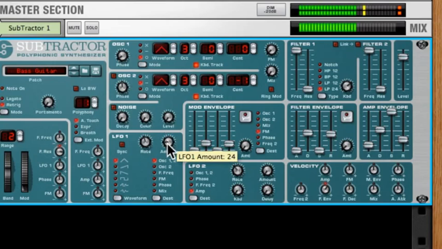If I put it on a small amount of amplitude, meaning I'm getting just a little bit of frequency change, and I increase the rate slightly, with a small amount of frequency change, we tend to call that phenomenon vibrato.